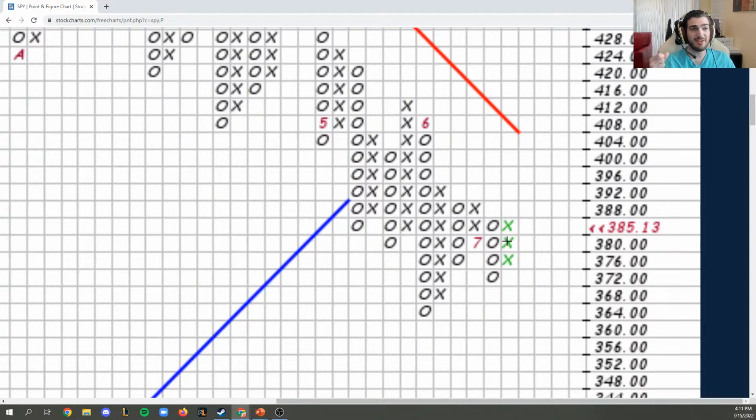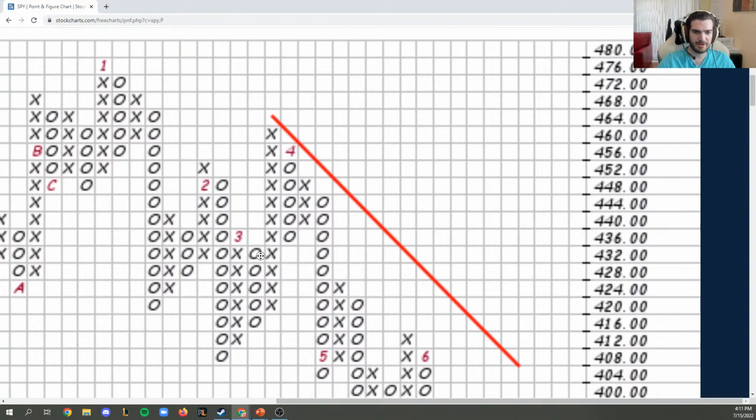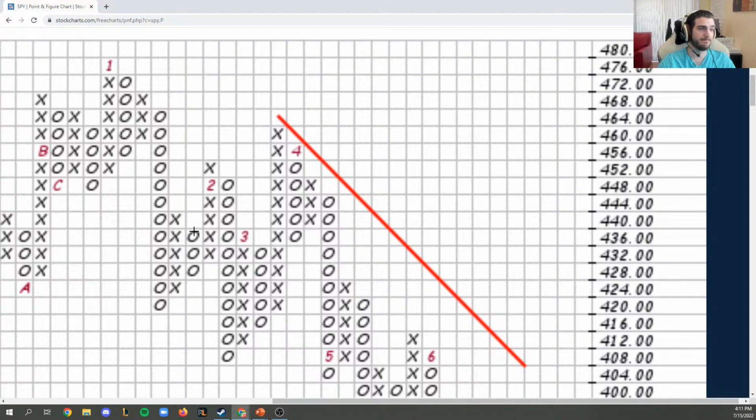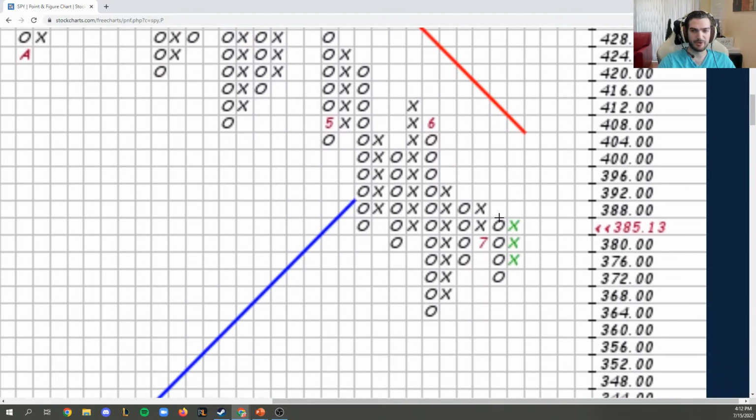So we always need at least 3 boxes to have a reversal. Let me see if I can find a period of O's with 3 boxes. There we go. Right here, we have 3 O's going down. It does not include the top box. So from the top box, we need 1, 2, 3 in order to go into that new box. Just like for here, in order for us to go into a column of X's, ignoring the bottom box, we need 1, 2, and 3.